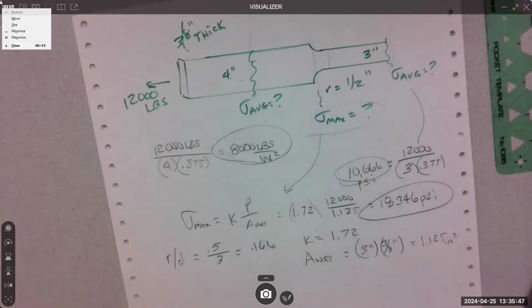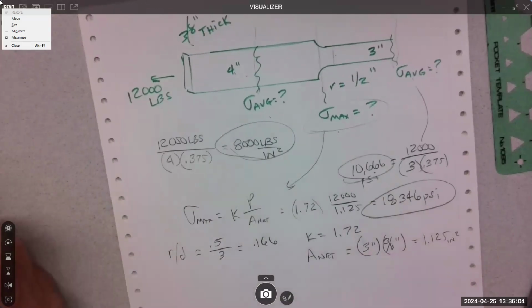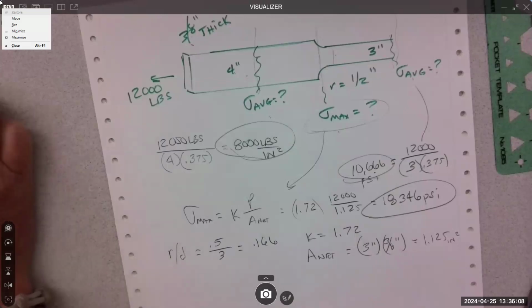If we're still comparing to the yield at 36, we're fine, but the factor of safety is going down. If some experts said this can only go to 20,000, then we're getting super close. So we always have to calculate these stress risers.